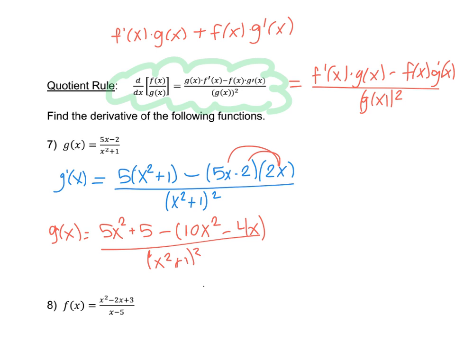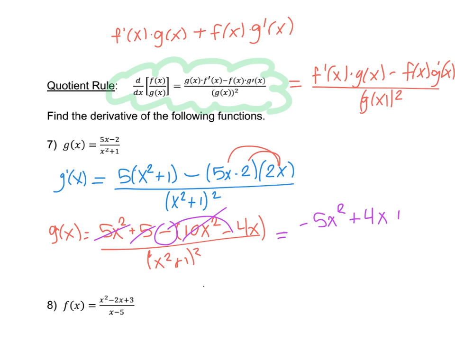Then I'll distribute right here and combine like terms. So I'm going to have 5x squared minus 10x squared, so that's a result of negative 5x squared. And then a minus negative 4x, so that's plus 4x.